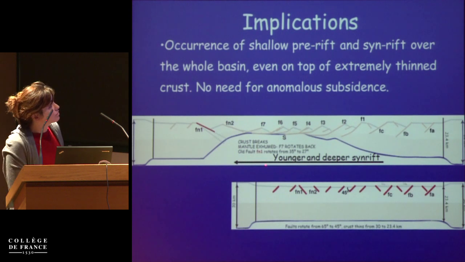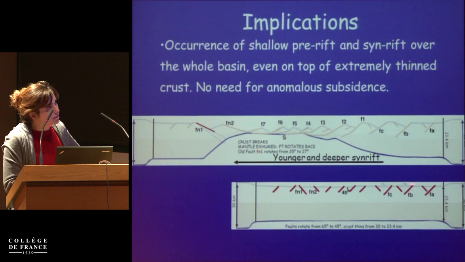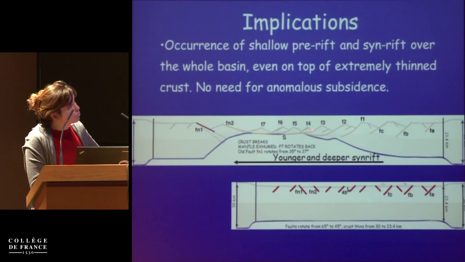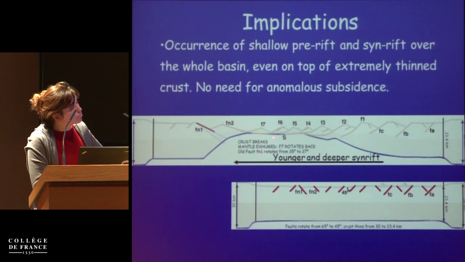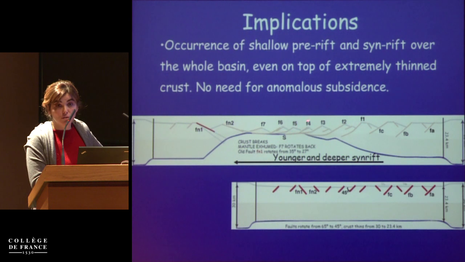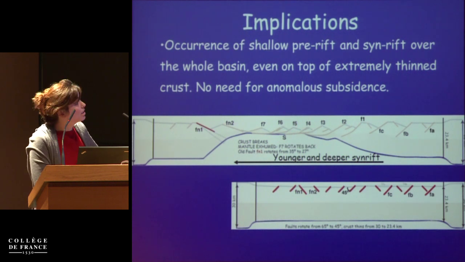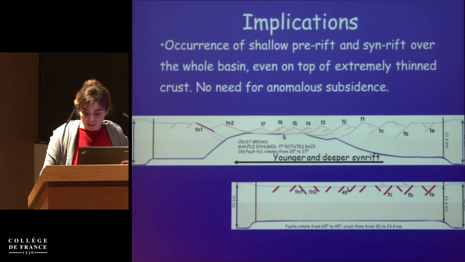Another implication of this is that the early pre-rift and syn-rift that is deposited at the early stages of rifting will be found on top of very thin crust at the deep margin without the need of invoking anomalous subsidence.